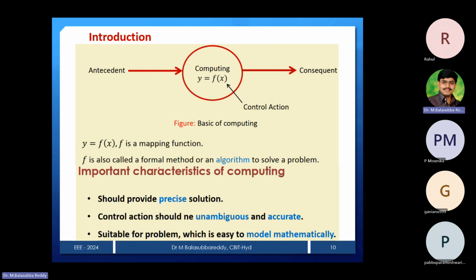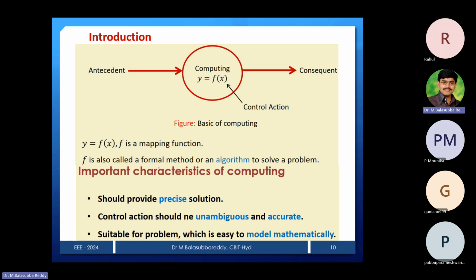We need to find those variables by applying this kind of algorithms. That is the basic of computing: the antecedent is the input we give, then we apply the algorithm, that is the control action, where we have to find the control parameters, or optimal parameters. Then the consequent is the result it gives.